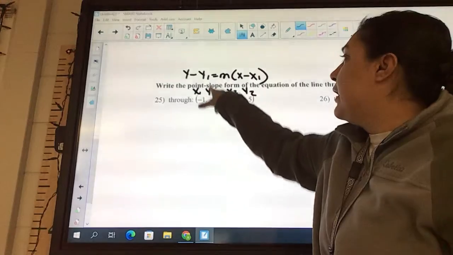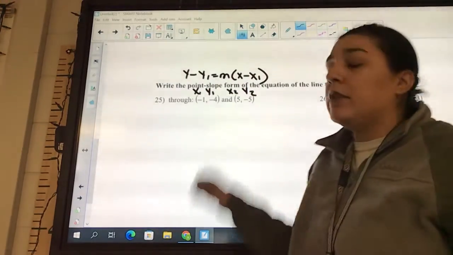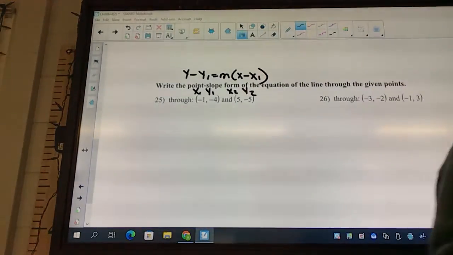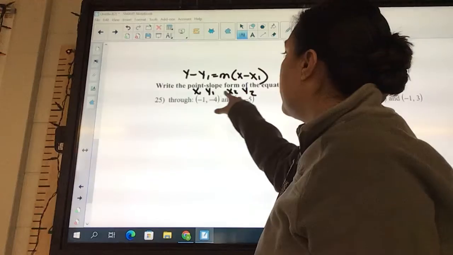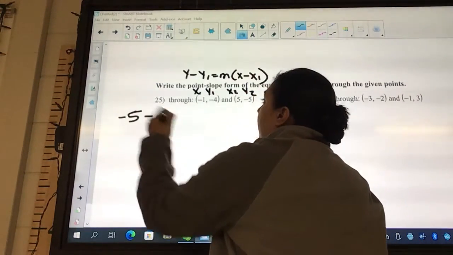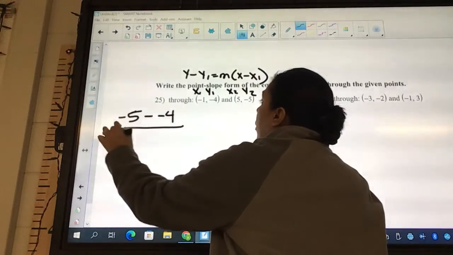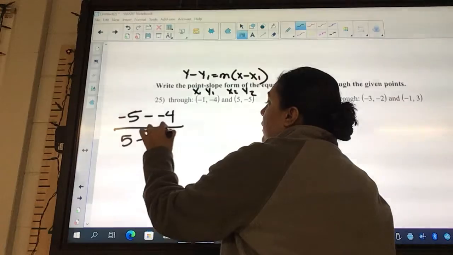I know I got an x1 and I got a y1. Do I have an m anywhere? I don't, so chances are I need to find the m. And in this case, I do need to find the m, and the m formula does include x1, y1, x2, y2. So we're going to say y2 is -5 minus y1 over x2 is 5 minus my x1 is -1.